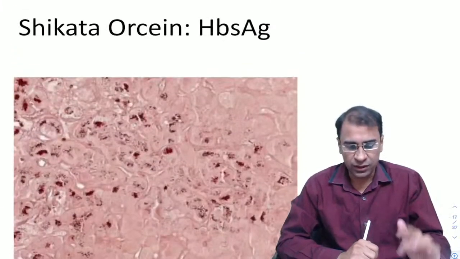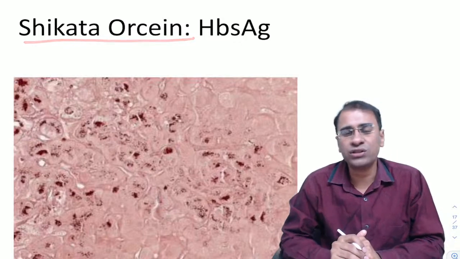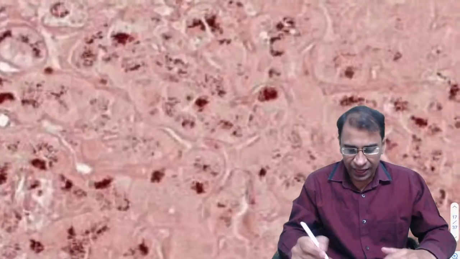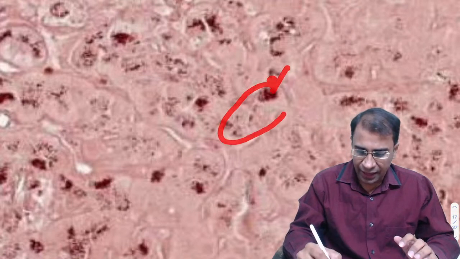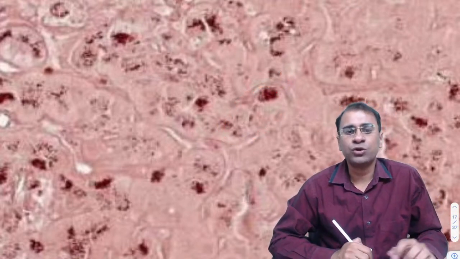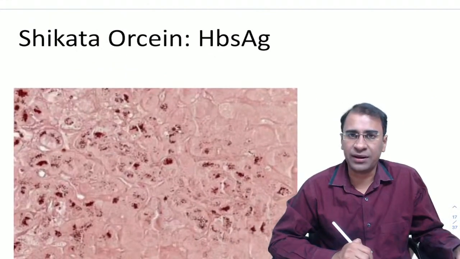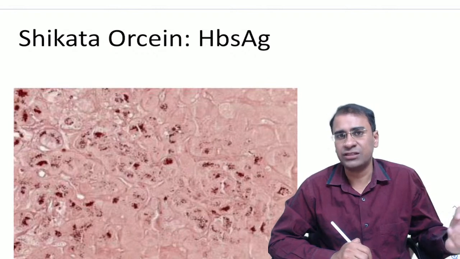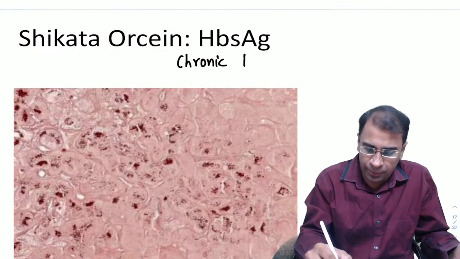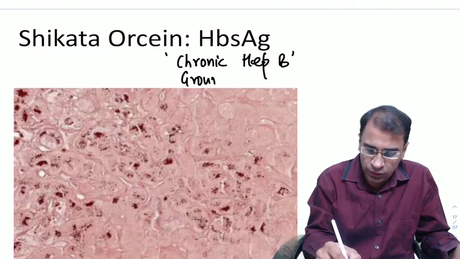Chalo, next one. Now this is Shikata orcein. Shikata orcein is actually done for looking for HBsAg. So this is the hepatitis B surface antigen, HBsAg, inside the hepatocyte. It often points towards a ground glass appearance, and a patient staining positive for HBsAg points towards nothing but chronic hep B. Chronic hep B often shows something called a ground glass appearance.